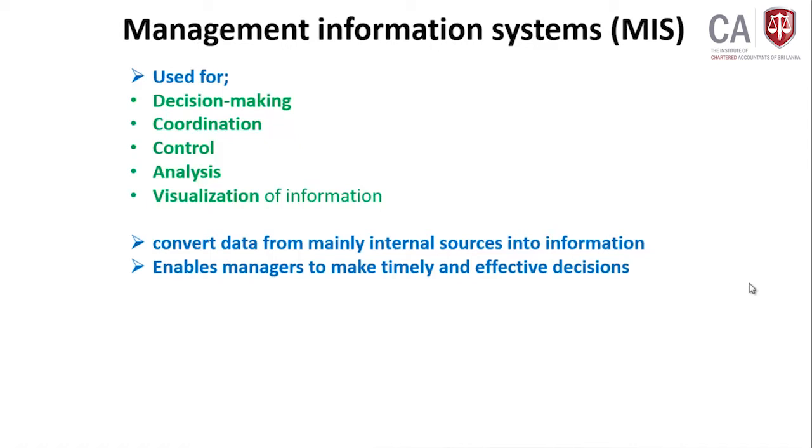They analyze the data and decide what to do. Visualization of information, so visualize the information even for the next level. Convert data from mainly internal sources into information. Enable managers to make timely and effective decisions.